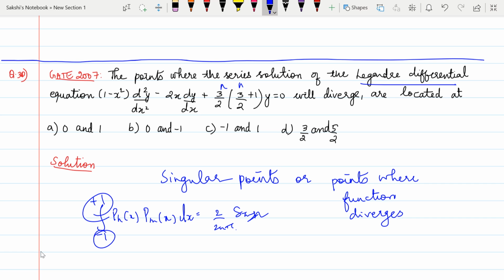Therefore, when we have the Legendre differential equation and we have to find the points where the function diverges, or all the singular points of the function, you have to use the orthonormal property and use the limits given in the integral. Those are the points, which is option C. So just forget about this n term over here. It is just to deviate you from the problem.